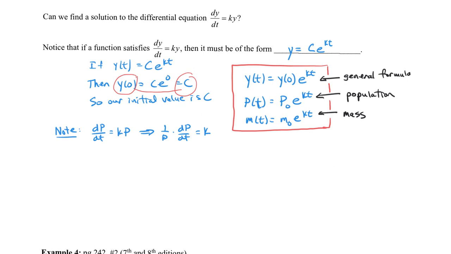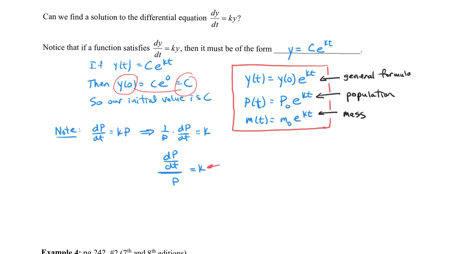Okay, and then one more thing from here, we could say that dp dt divided by p is equal to k. And again, this is just algebra, right? dp dt divided by p is the same as dp dt times the reciprocal of p, which is 1 over p, which is right here. But then this will make the name make more sense.